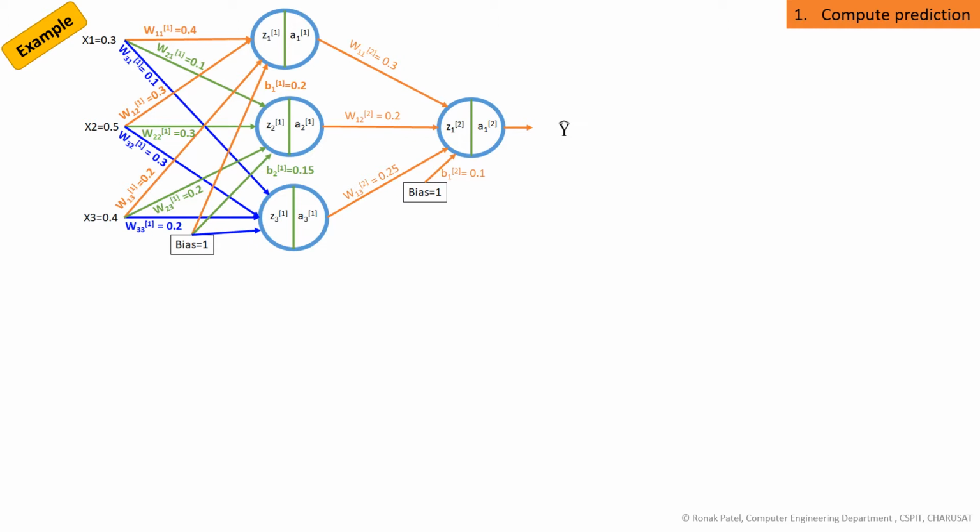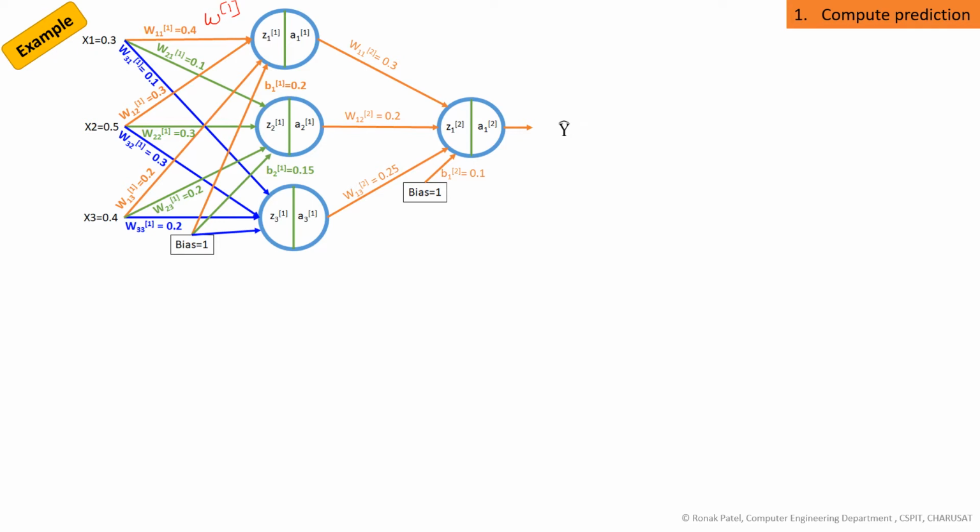Now, if I need to write these weights in a vectorized version, I will use W1, which consists of all these weights, right? And what will be the size of W1?